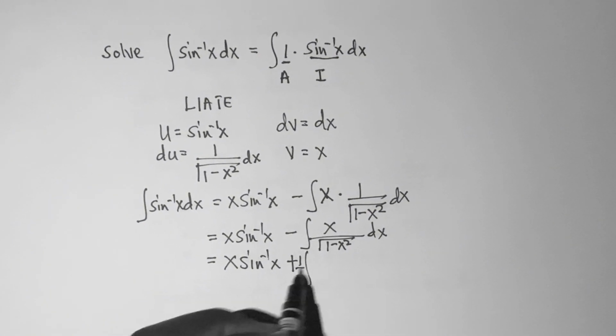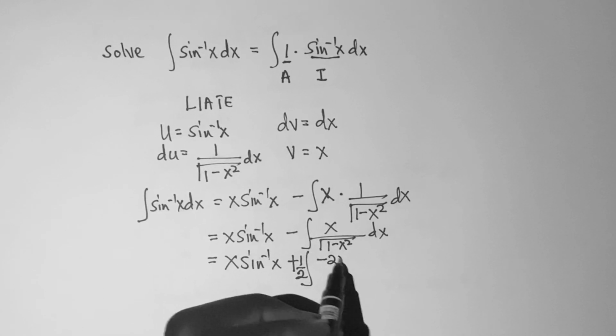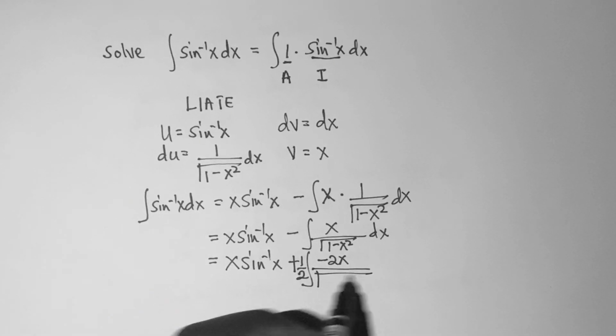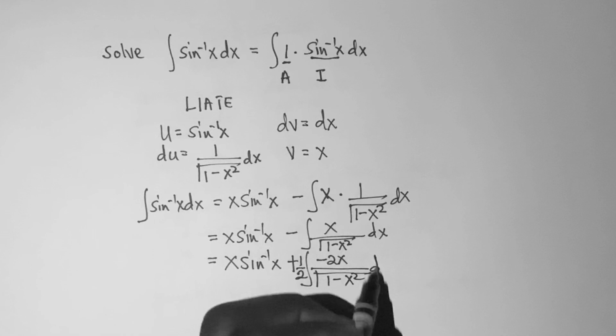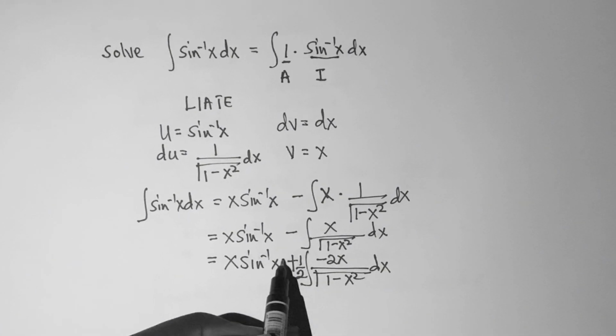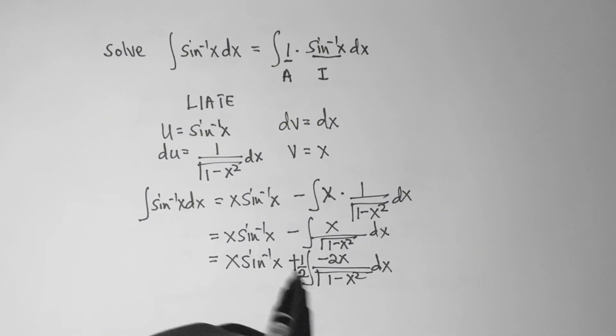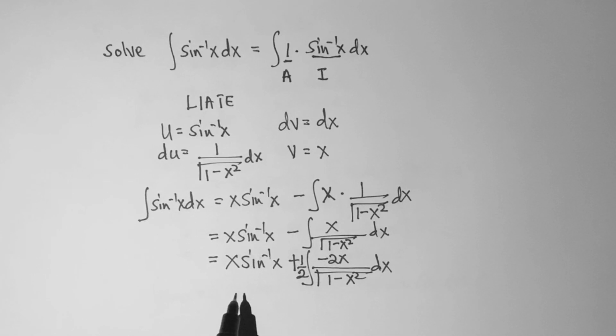So I need to multiply by 1 over 2, so that we will now put minus 2x divided by the square root of 1 minus x squared dx. So you see that this minus can come out to give us this minus, and then 2 will cancel these 2, so we'll get back our original function.